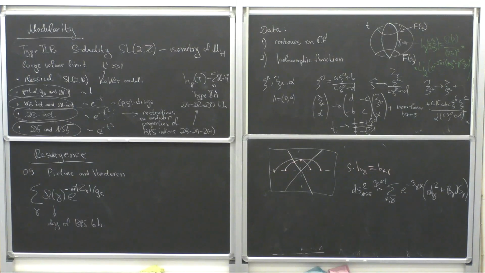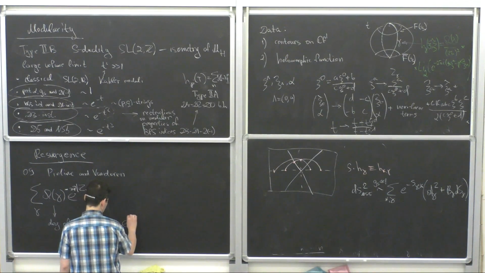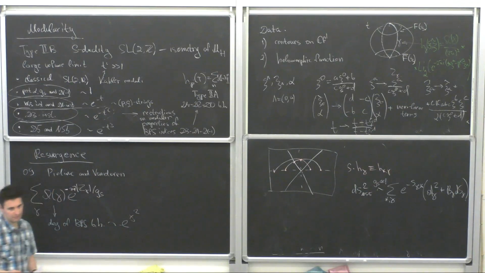But we know how the entropy of BPS black holes behaves at large charges. It is proportional to the exponential of, essentially, gamma squared, if one defines what it means by the square of this charge.